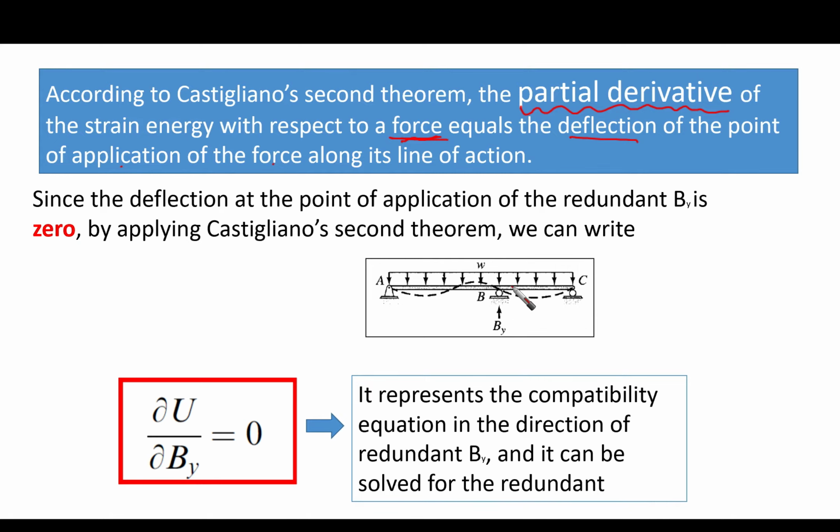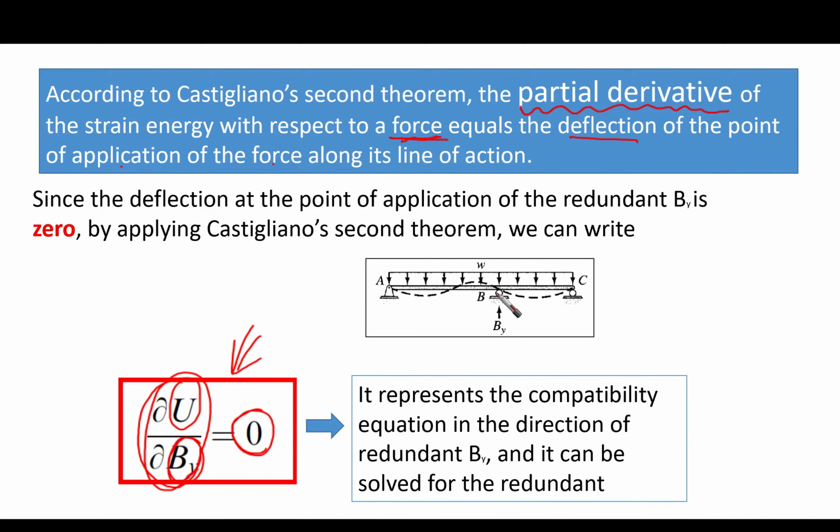If we take the partial derivative of the strain energy with respect to our redundant, it should equal the deflection at this point due to this redundant, right? So this is the main concept of the strain energy, or the concept of least work, that the partial derivative of the strain energy with respect to the redundant should equal the deflection.